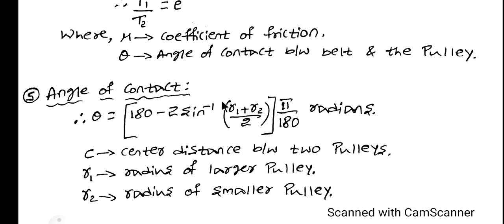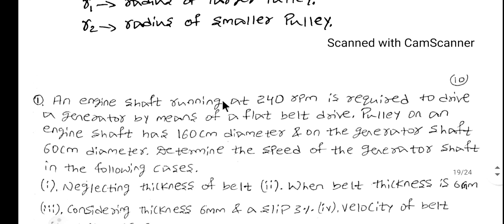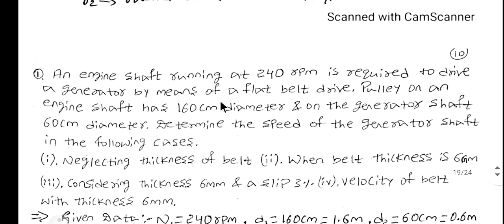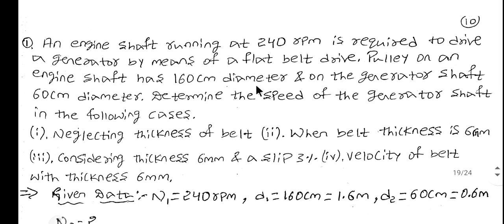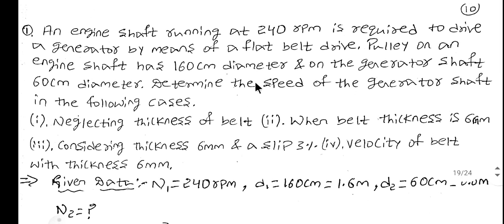Okay, let me take the first problem. In the first problem, an engine shaft running at 240 rpm is required to drive a generator by means of a flat belt drive.